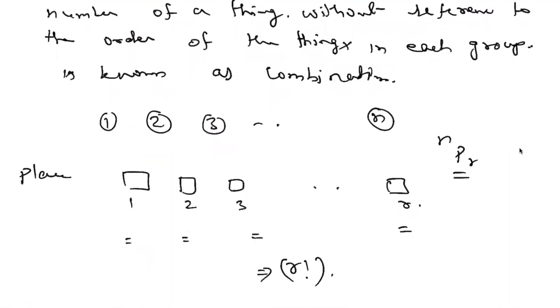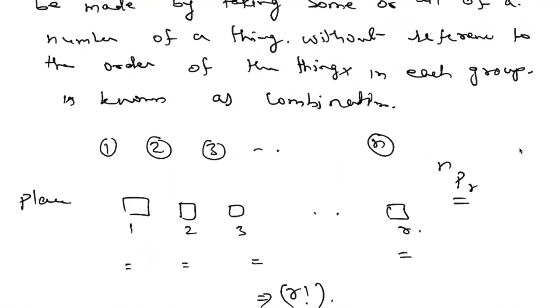So if we want to go for combination, this factorial r is of no use.